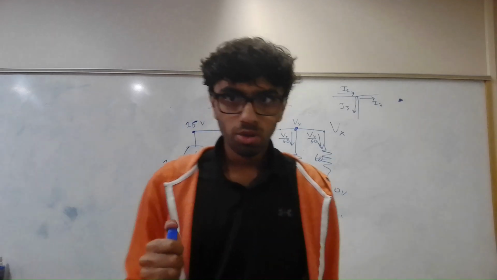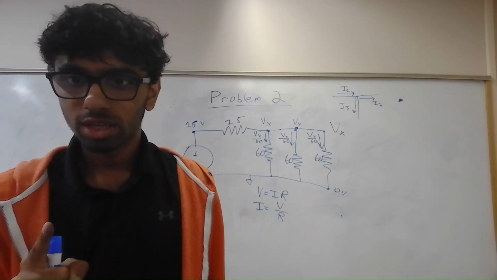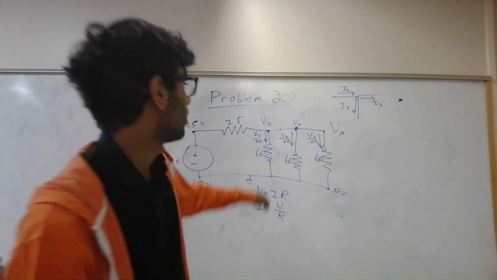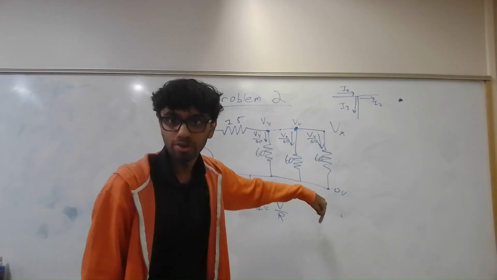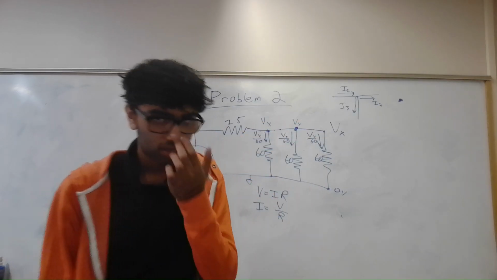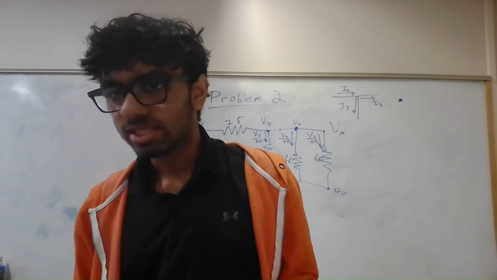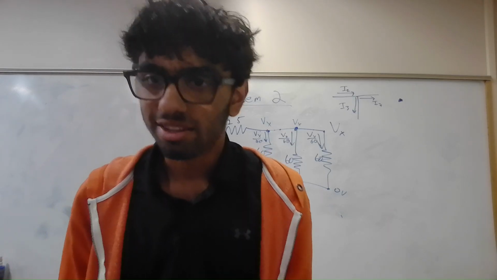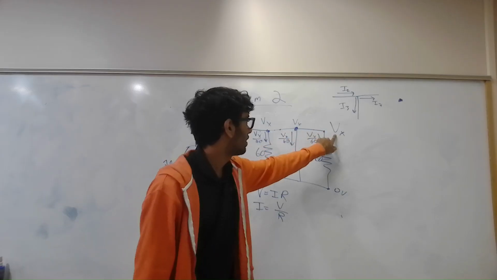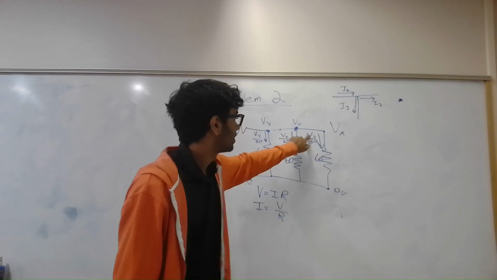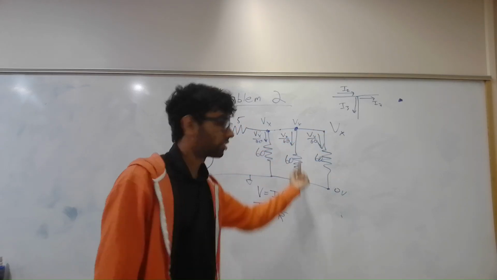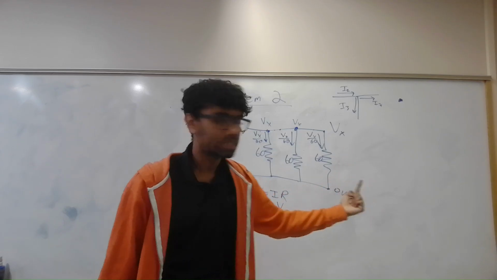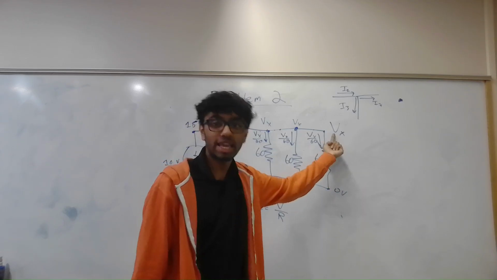Now, we are also assuming that Vx is positive, which is why I'm drawing the arrow down like that. If it so happens that Vx is negative, that value will be negative, but this value will also be negative. And so the current will be going up, which makes sense. 0 volts goes to a negative voltage.